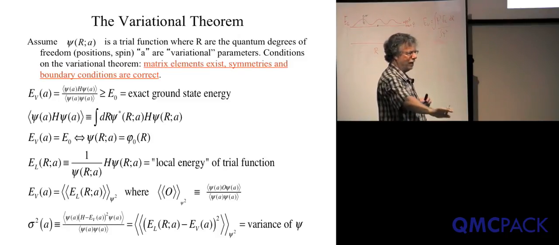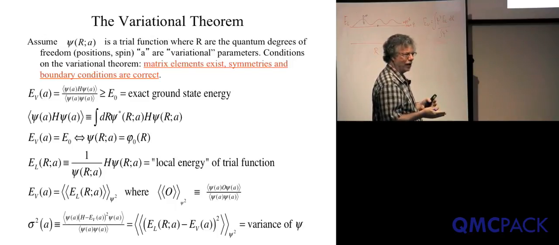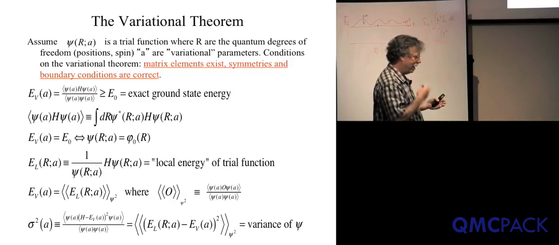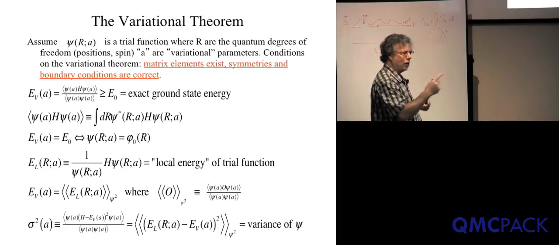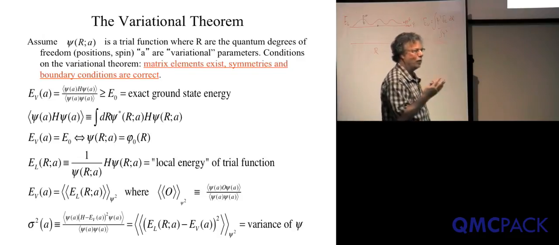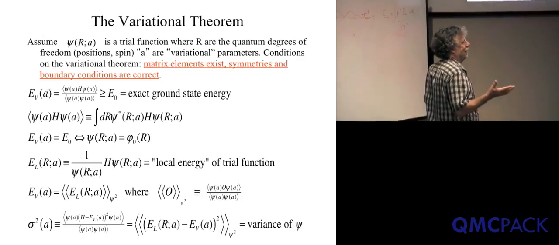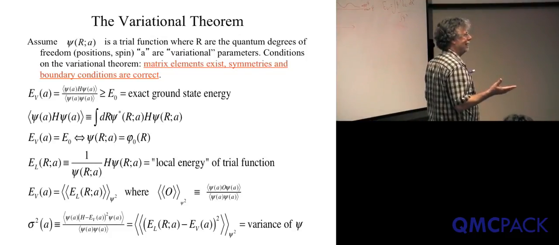It has zero variance. This is the zero variance principle of quantum Monte Carlo. As your wave function approaches the exact wave function, the variance goes to zero. So we can compute the exact answer with one sample if we had the exact wave function. We just have to sample one of these points if we knew we had the exact wave function.